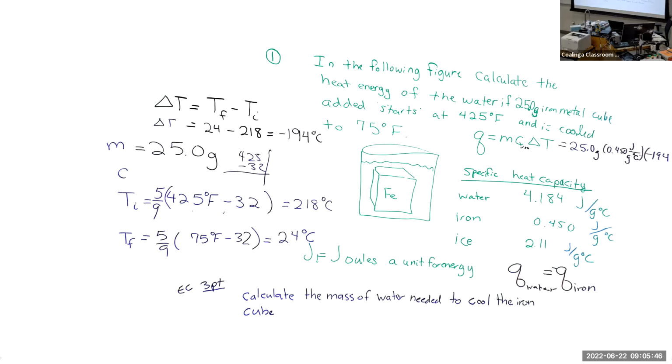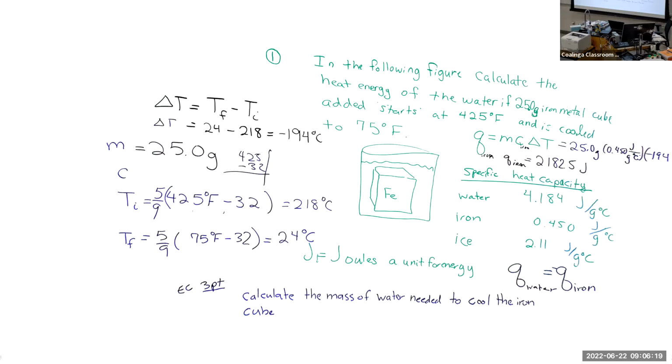So then Q iron equals 1,182.5. That's joules, right?